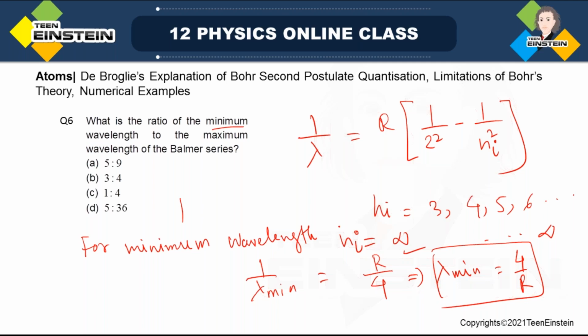Now let us see what is the maximum wavelength, then we have to take the ratio according to this question.